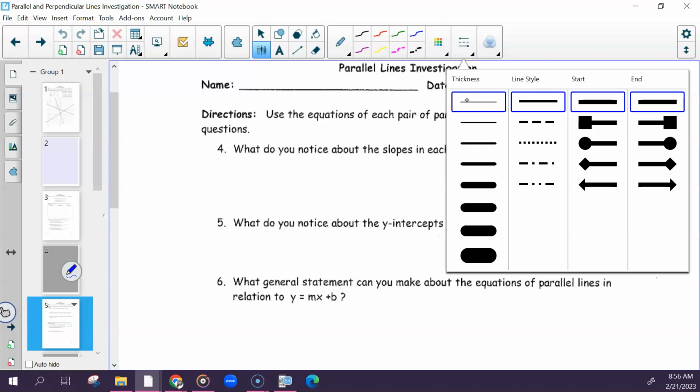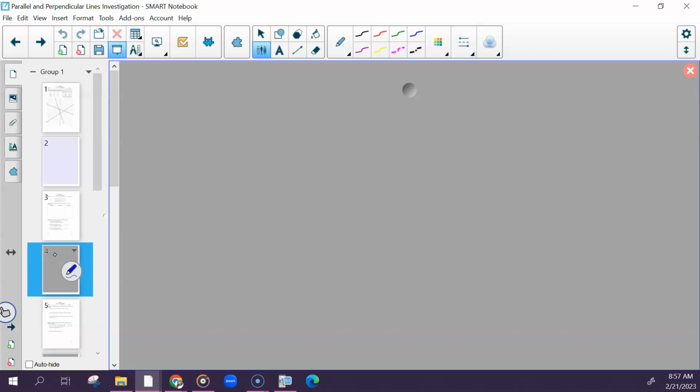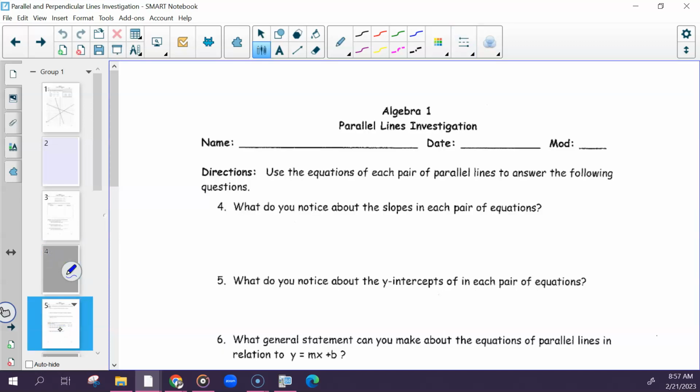What did you notice about the slopes in each pair of equations? The slopes were different in the pairs of equations? I mean the y-intercepts are different.